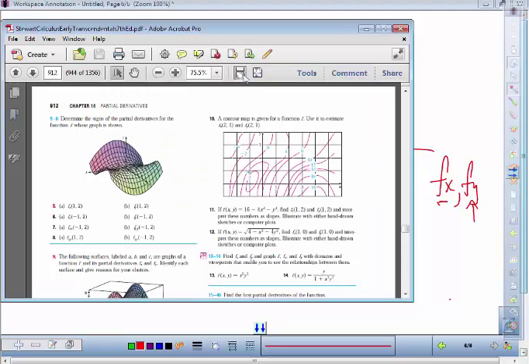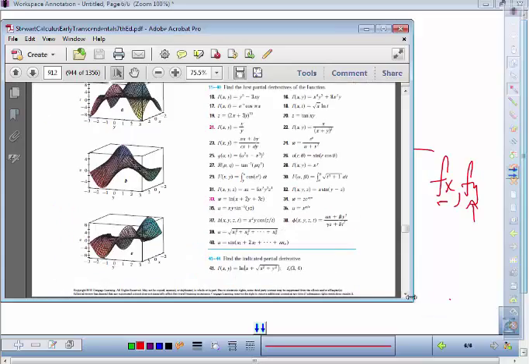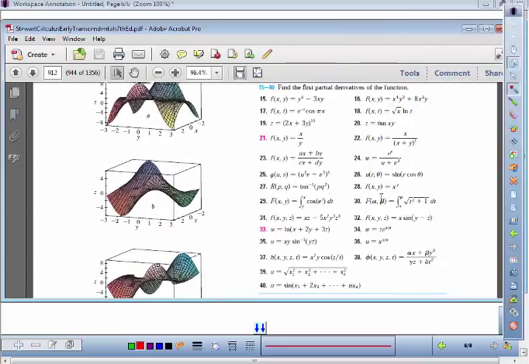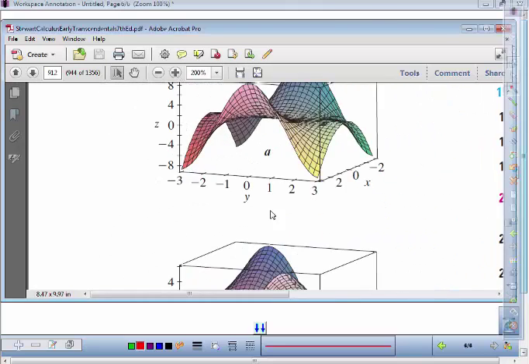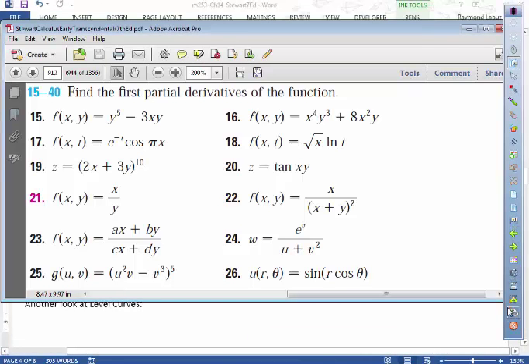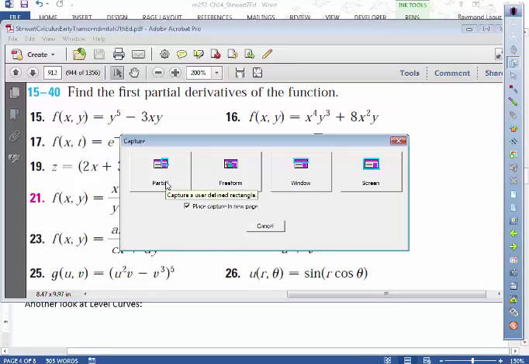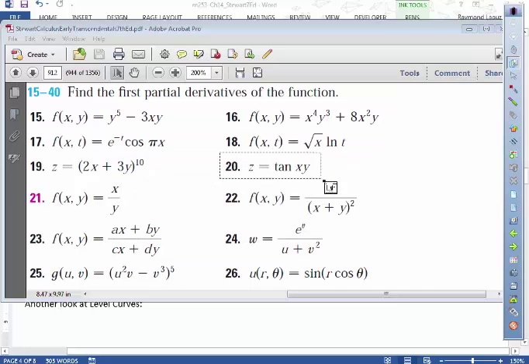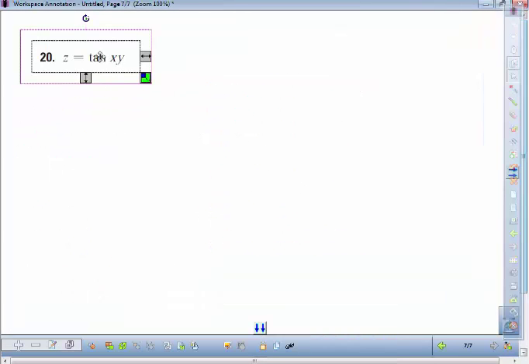Okay. One of these guys. Tangent? Quotient rule? What do you guys want to do? 20 sounds good. Nice and simple. It looks nice and simple. It's probably not going to be simple.